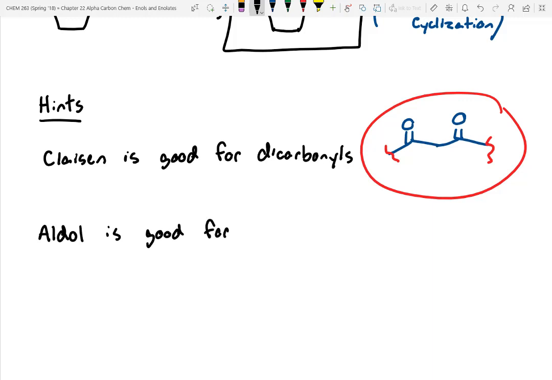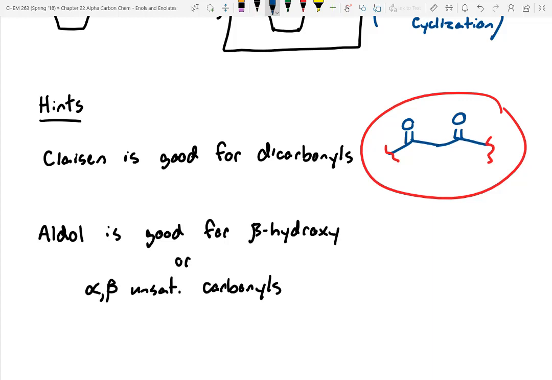Aldol is good for beta hydroxy or alpha beta unsaturated carbonyls. And I'll show you what I mean by that. So the top one, beta hydroxy, is another way of saying you've got one carbonyl here, and then you've got a hydroxy group coming off this position.